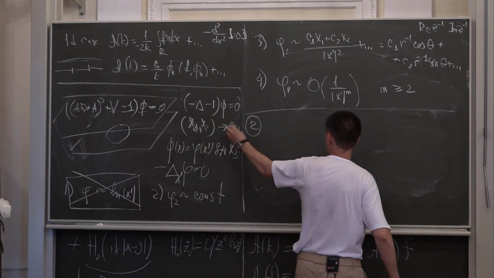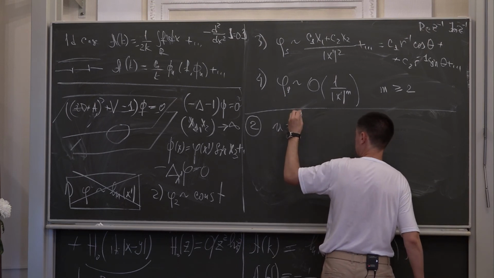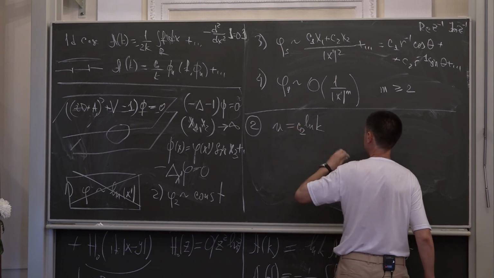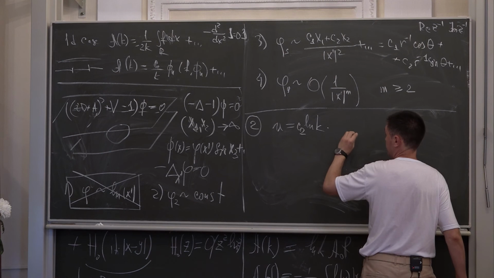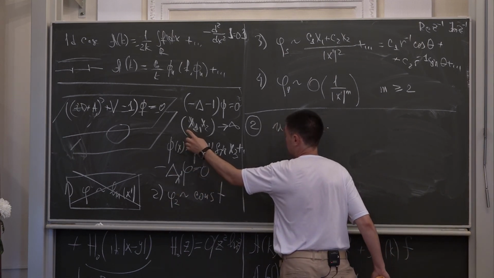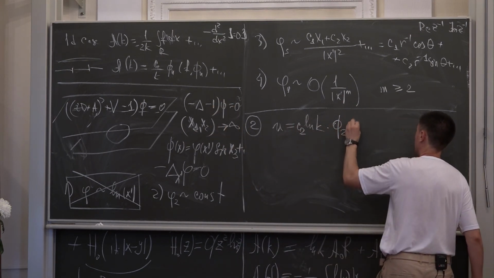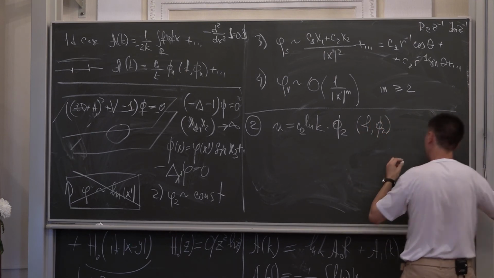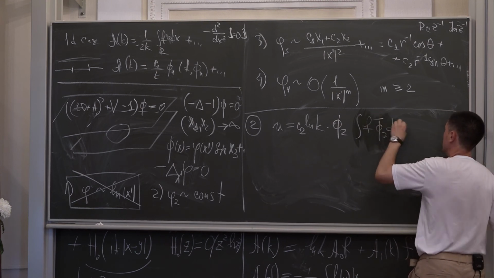So in case 2, u behaves like this. It's a logarithm of k with some constant, say c2, and we have here phi2 and the integral of f phi2 dx.